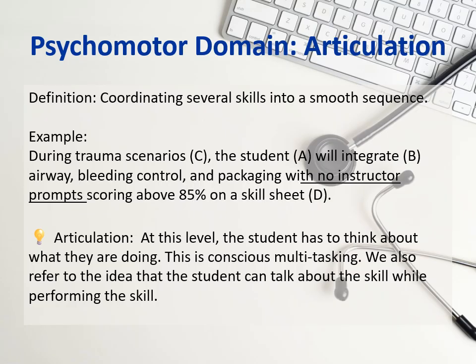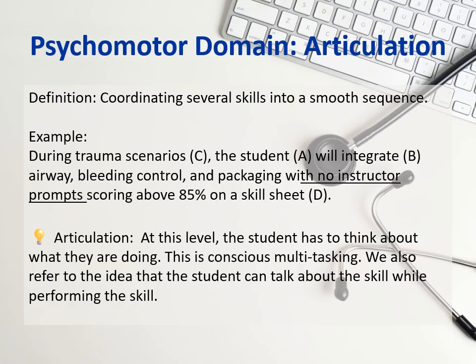So here at articulation, the term that we used in the quiz was conscious multitasking. And a lot of times people put that with naturalization, which is, of course, the next one. And with naturalization, you don't have to think about it. So consciously multitasking, what they're saying is they're thinking about the skill while they're doing the skill. And they can do other things while they're doing it.